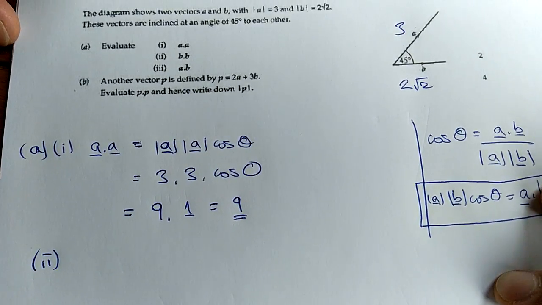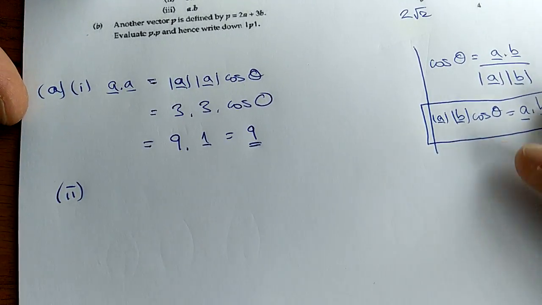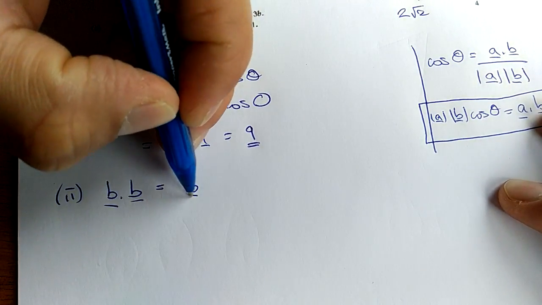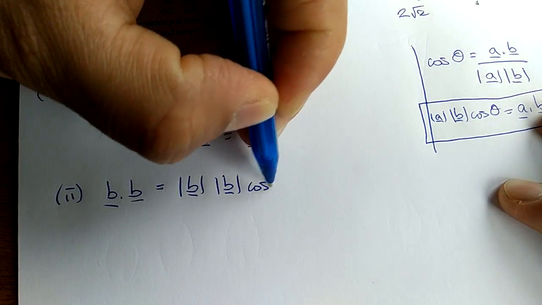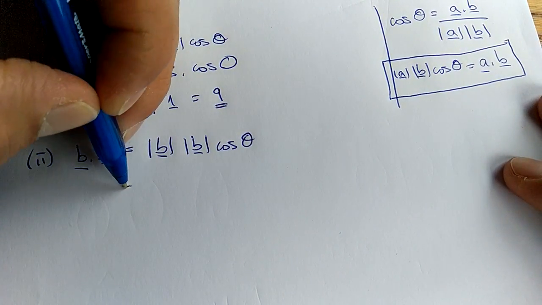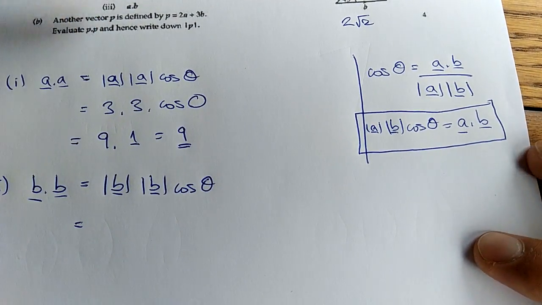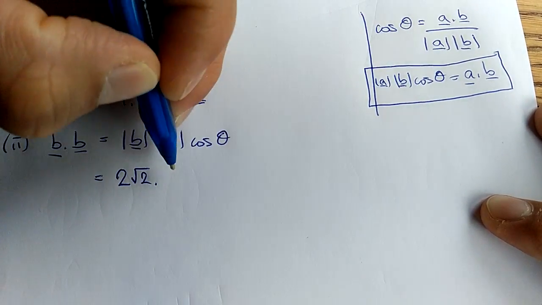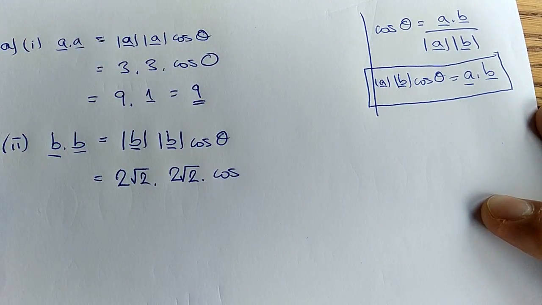Now we're going to find B dot B. Exact same principle applies here. So B dot B will be, no pun intended, the magnitude of B times the magnitude of B cos of the angle between B and B. So that will be, the magnitude of B is 2 root 2, times 2 root 2, cos, and again the angle between the vector B and itself is 0.